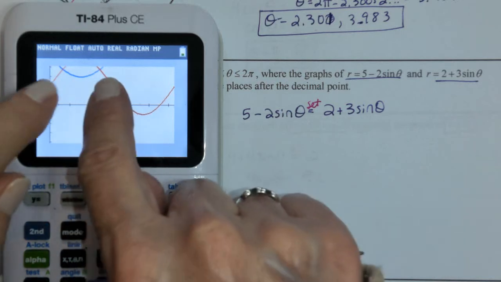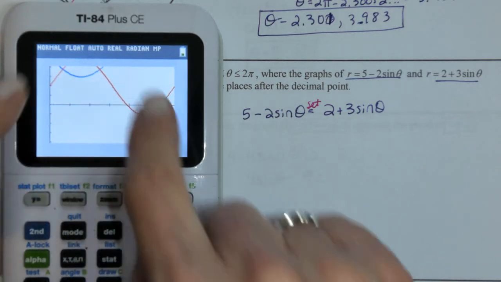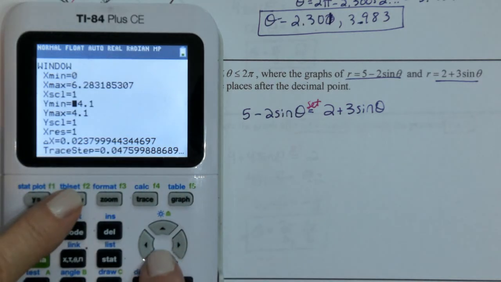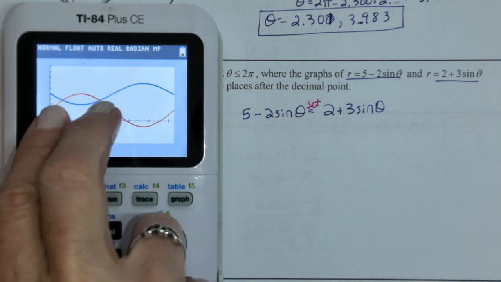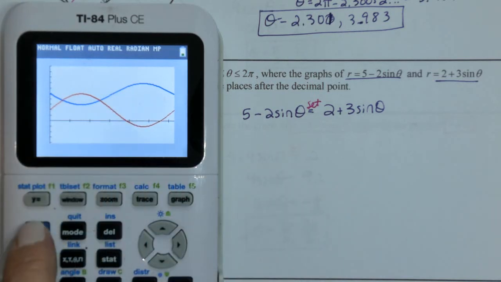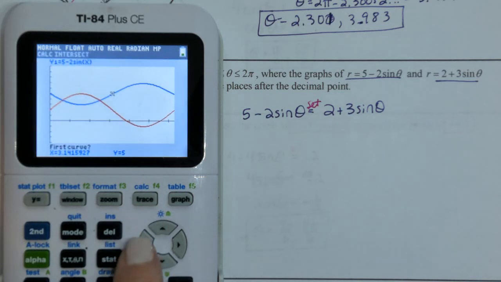I do see where they intersect, but I'm going to increase my y's a bit so I can see it more clearly. That's much better. I'm just going to go find those intersection points. Second Calc 5. I'm going to scroll a little bit over here. Enter, enter, enter.